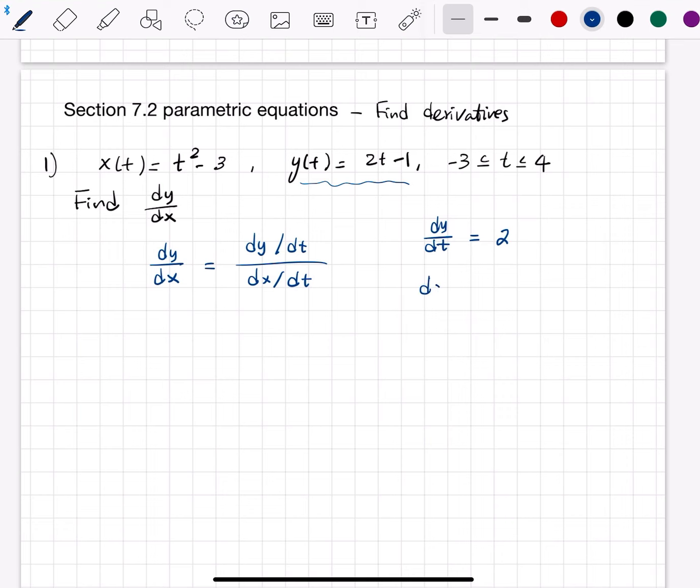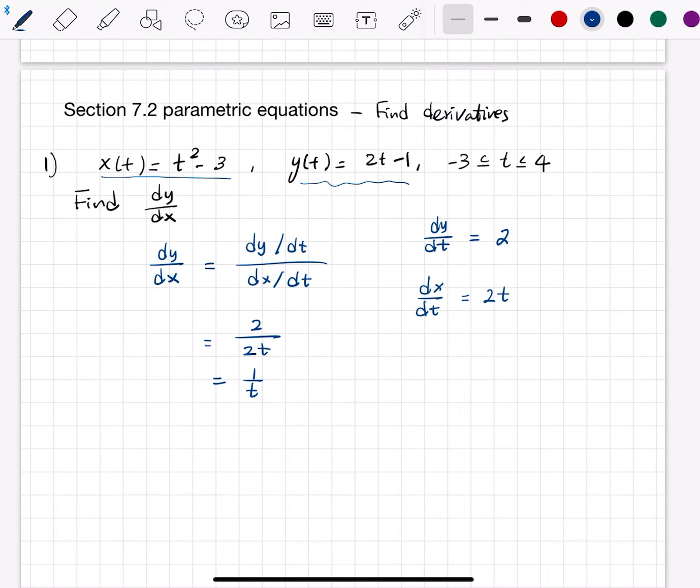And dx dt, taking the derivative of x with respect to t, is 2t. Then we plug in: 2 over 2t, which is just 1 over t. Now that is our derivative dy dx.